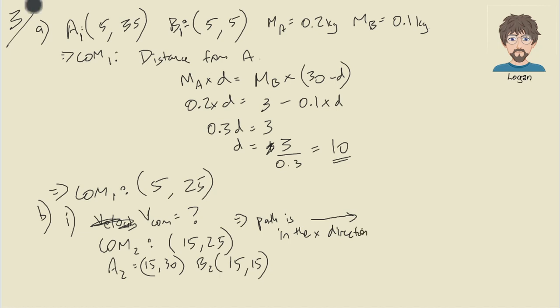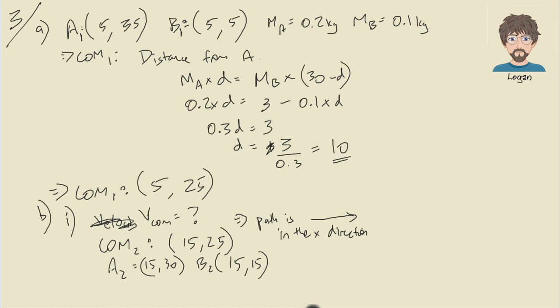Now that means that no matter what, the path of the center of mass is in this X direction. And we should see that apply to where the collision point is, which is true.